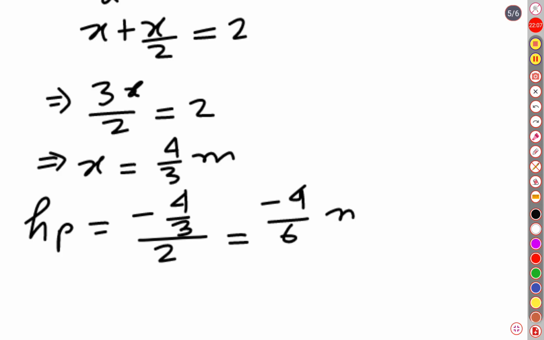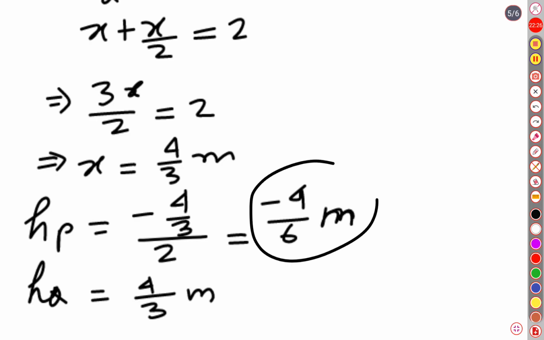This is the final height of particle P from the ground. Then the final height of particle Q is just x, 4 over 3 meters, and it is positive because it was moving upward. So we have got one of the components of our work energy equation.